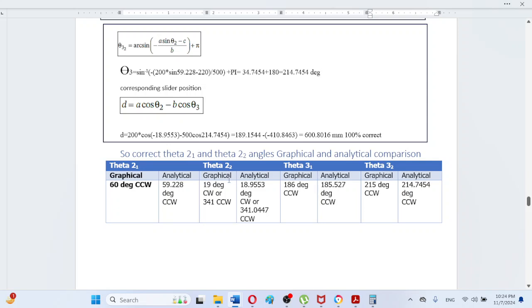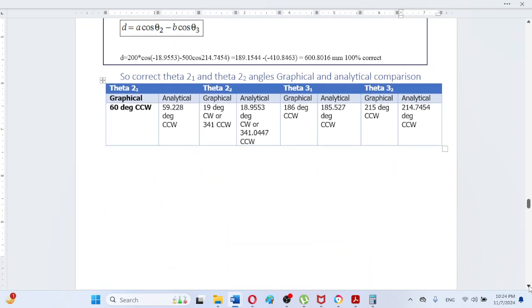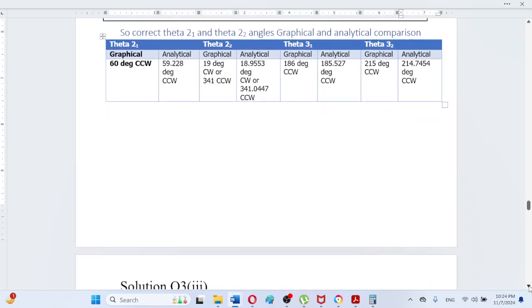For theta 22, the graphical result is 19 degrees clockwise or 341 degree counterclockwise, and a similar analytical result is shown here. And theta 31 is equal to 186 degree counterclockwise, or analytically 185.527, and in a similar manner the results are listed here. So in this way, this is the solution for question number 3, part 2.